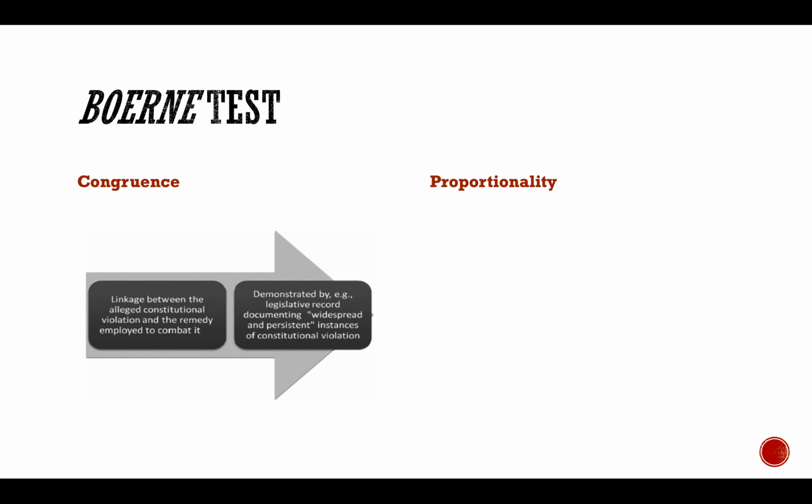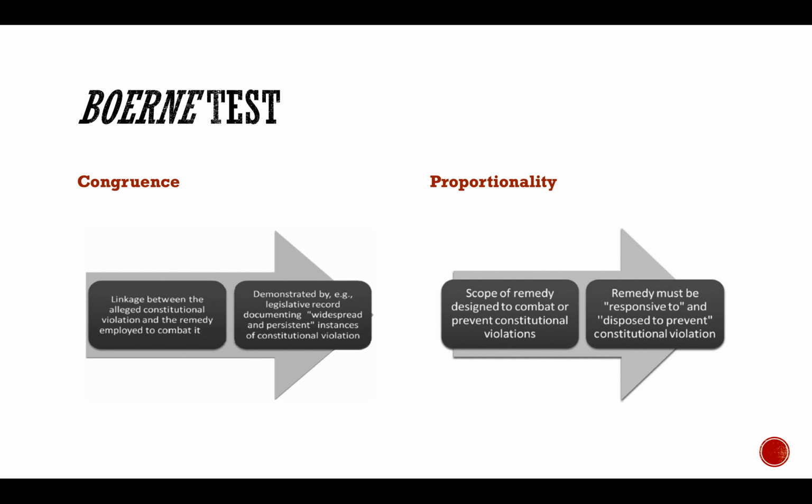So that's congruence. What about proportionality? Proportionality deals with the scope of the remedy designed. Let's assume that we find a problem and we understand the theory, at least, of how the statute is supposed to remedy the problem.